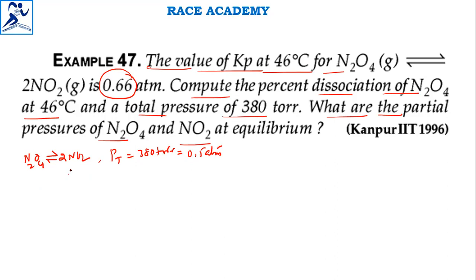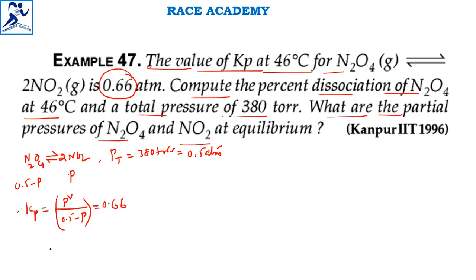So if the partial pressure of nitrogen dioxide is P, then the partial pressure of dinitrogen tetroxide will become 0.5 minus P. Therefore, the Kp value is equal to P square by 0.5 minus P, and that Kp value we already have, that is 0.66 given in the problem.